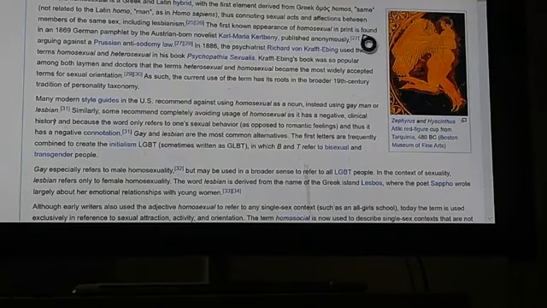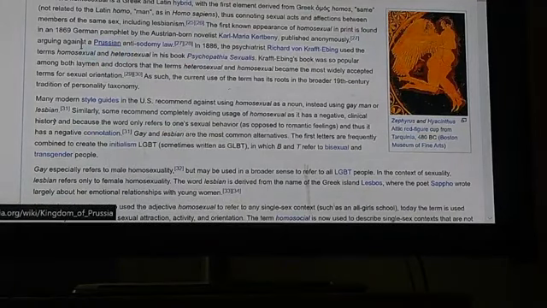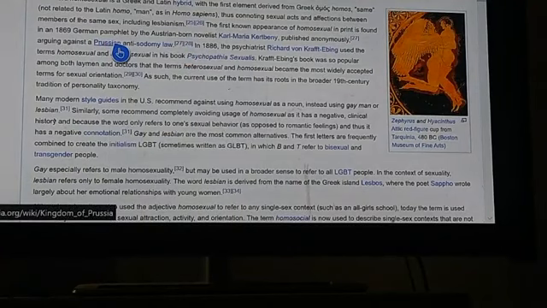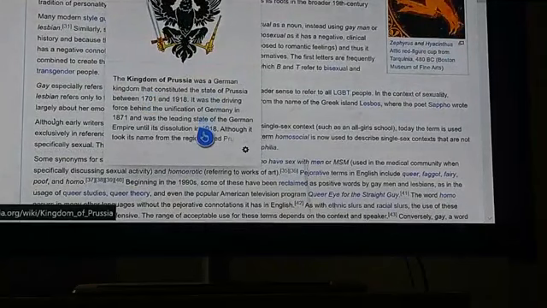The first known appearance of homosexual in print is found in an 1869 German pamphlet by the Austrian-born novelist, arguing against oppression, which is what our education system was built under. Our education system was built under Prussian. German. Prussian is German. Which is what?